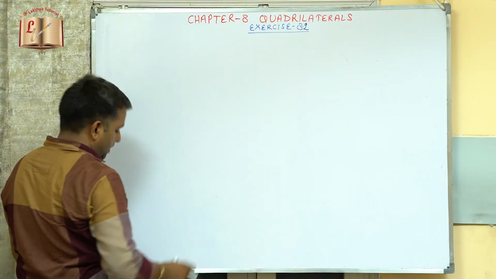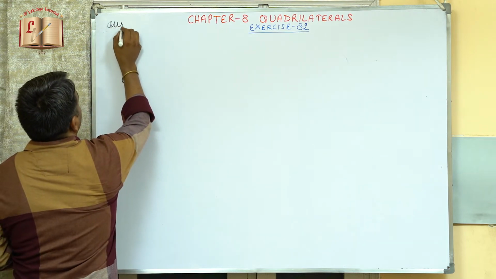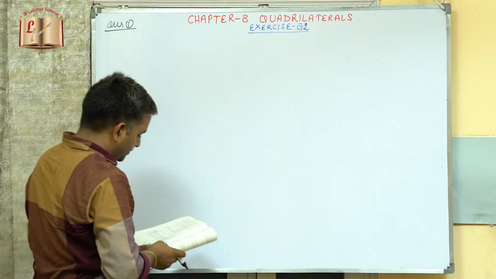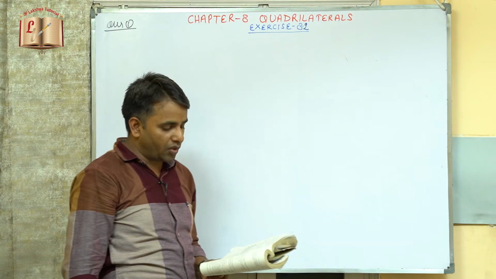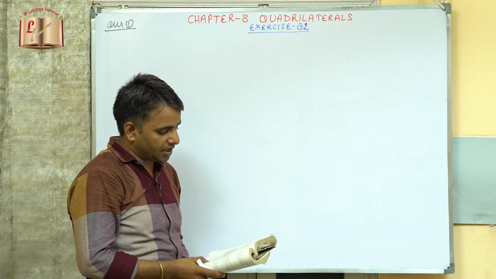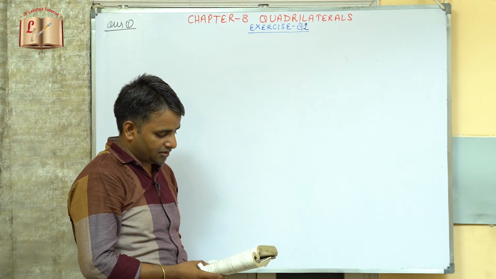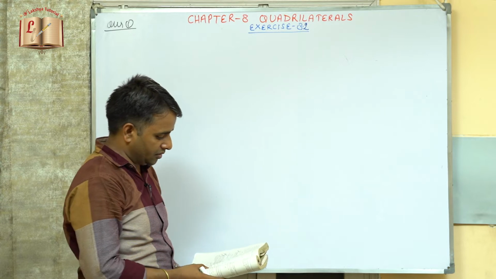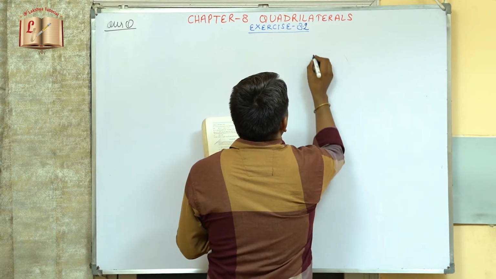So now coming to exercise 8.2, question number 1. In question number 1, ABCD is a quadrilateral in which PQRS are the midpoints of the sides AB, BC, CD and DA as shown in figure 8.29. AC is the diagonal. We need to show these 3 points.